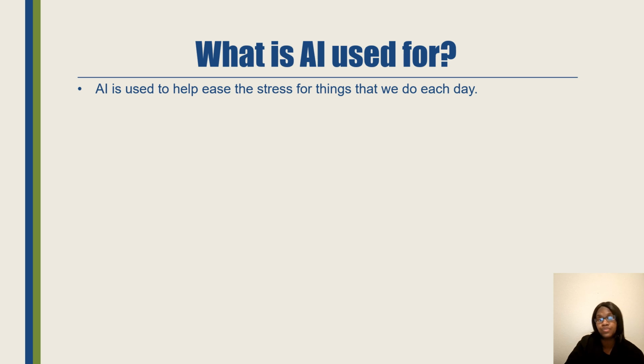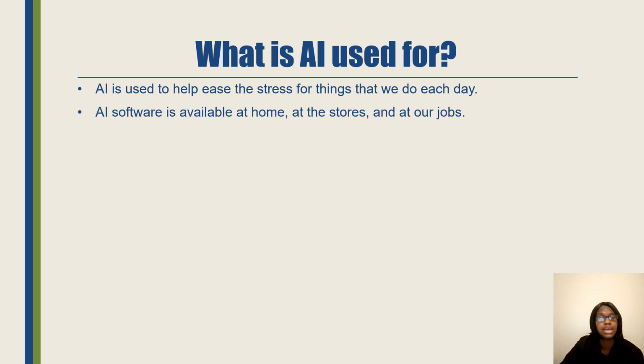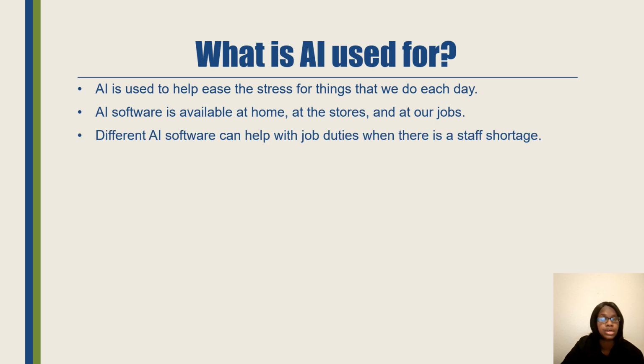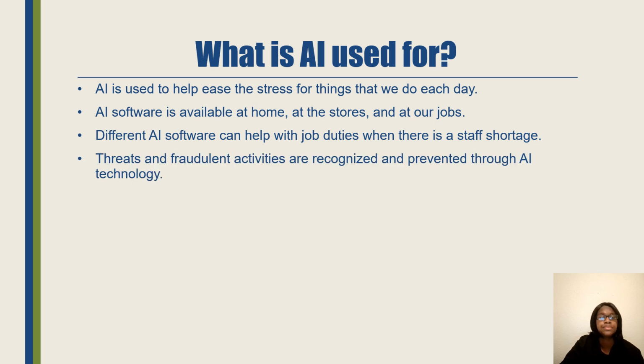So what is it used for? If you do not know, we use AI every day. It is used to help ease the stress from things that we do each day. It is available everywhere, at your house, at the store, at your job. AI software can help with job duties, especially if you're short on the shift, like a staff shortage.